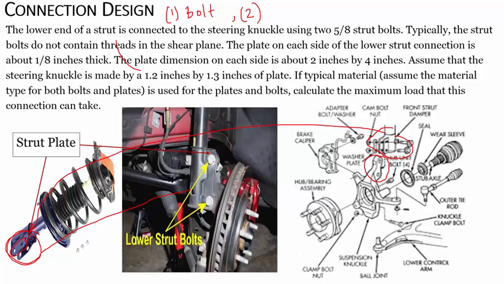Same thing for the steering knuckle, that could be cut off by the bolt. So that could be the connecting plate failures. Weak plates could fail because of that. Either the steering knuckle or the strut plate could fail.